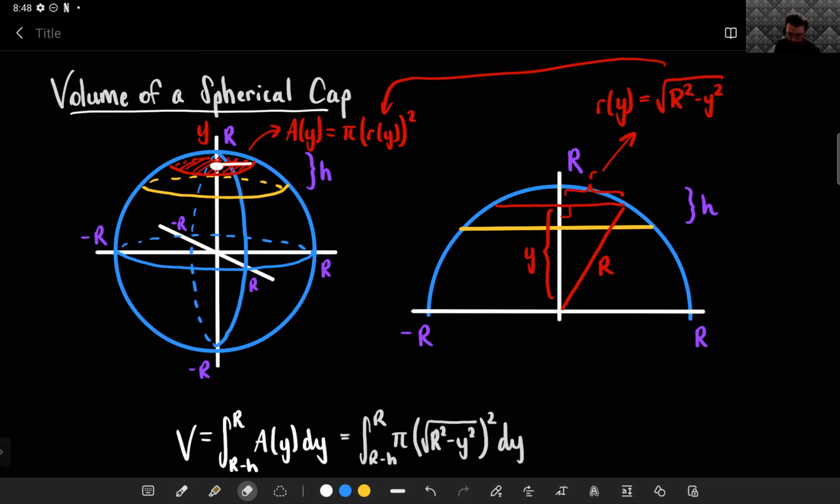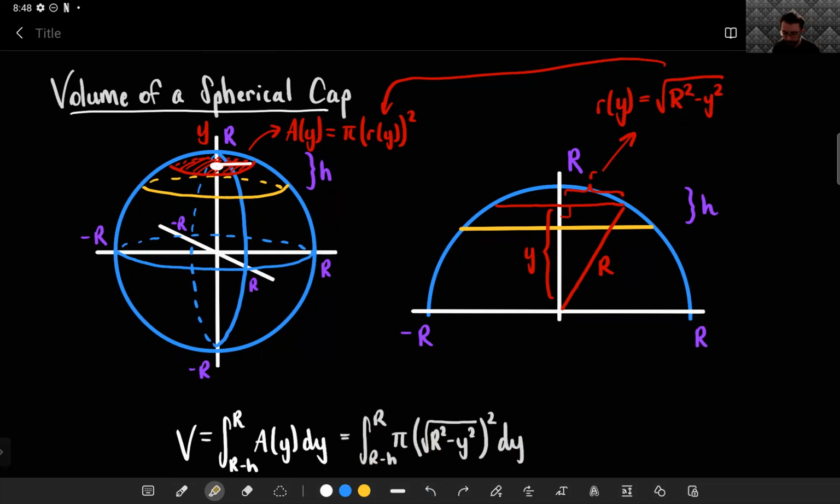So that's our integral. Keep in mind R and h are effectively constants, so treat them as constants when you integrate this. You're integrating with respect to y, not either of those. What you should get out is a pretty nice formula if you simplify things.